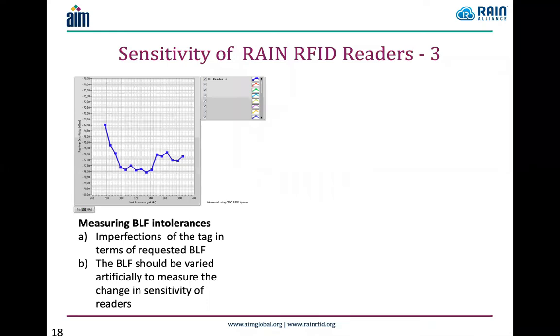In this particular example, I'm showing you a reader that was tested for a higher dependency on this factor. The target backlink frequency requested by the reader in this case was 320. If the tag answers at 280, we manually switched it to see its influence over the entire link frequency.